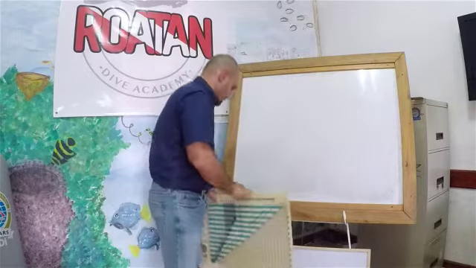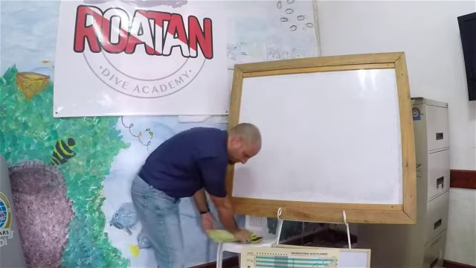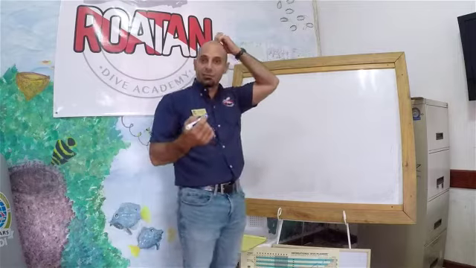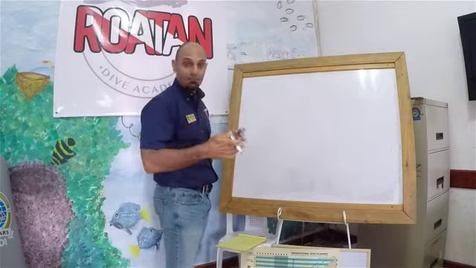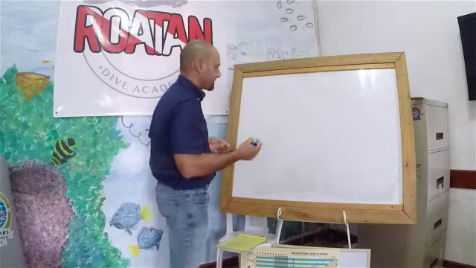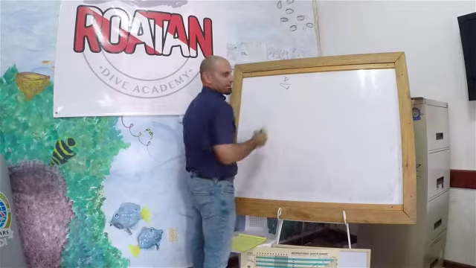Okay, so also the recreational dive planner can be used for planning dives, and for planning the dives we need to know first what would be the depth and the time that we're planning to go diving to. So for that, what I would like to do is just draw here a diving profile.